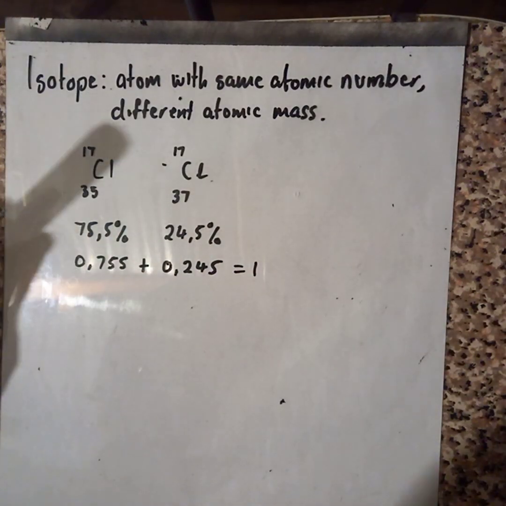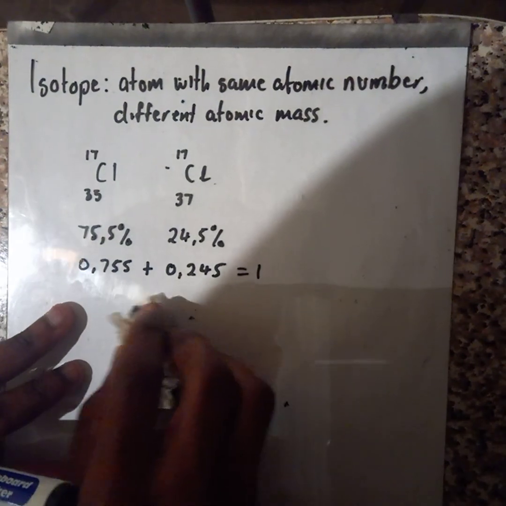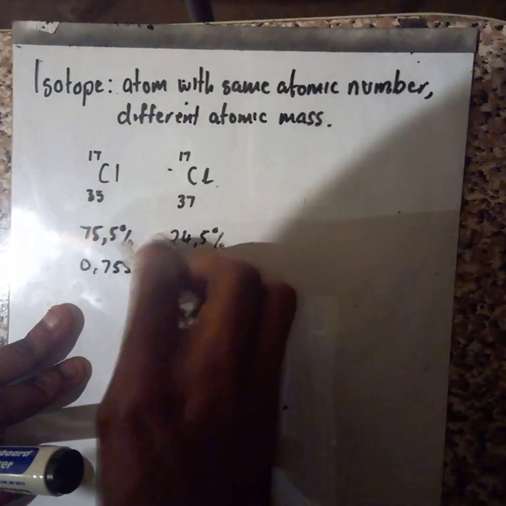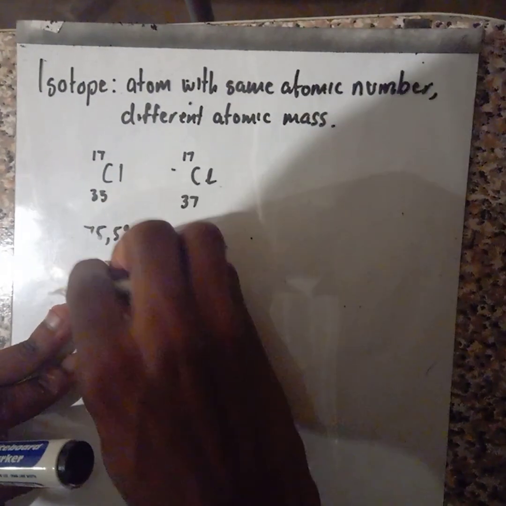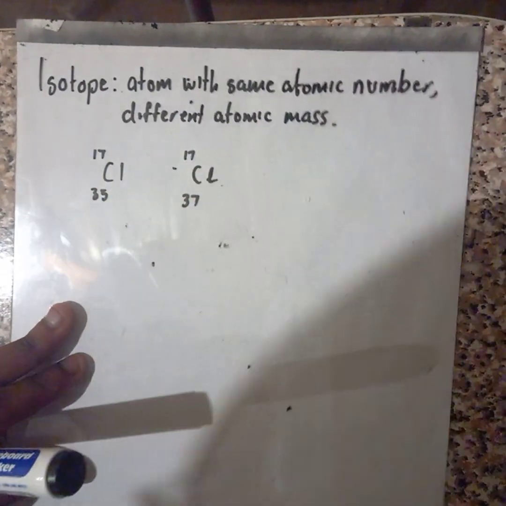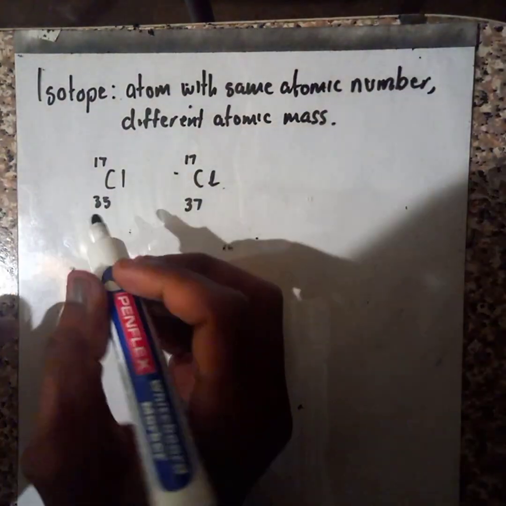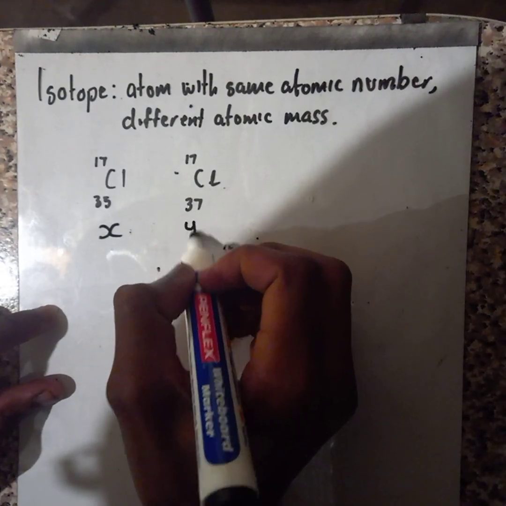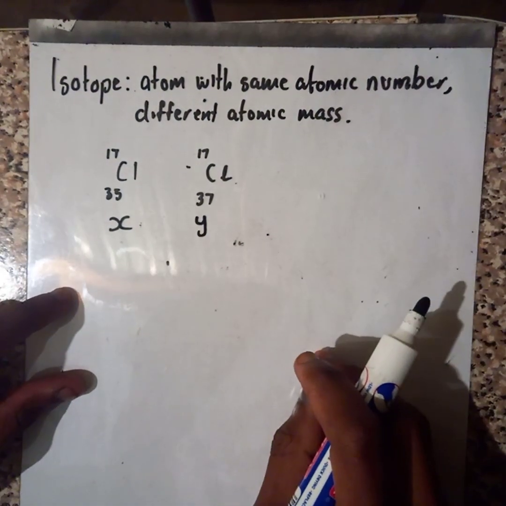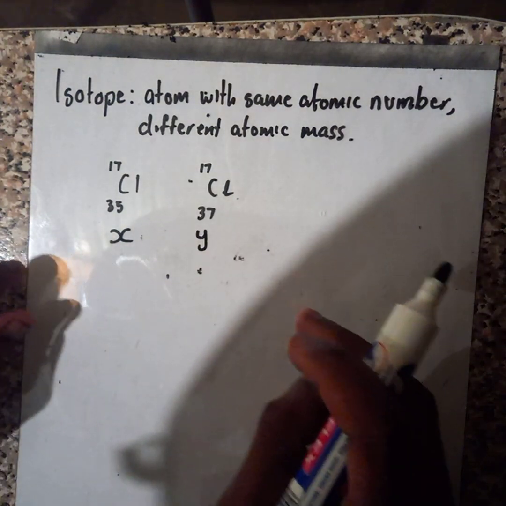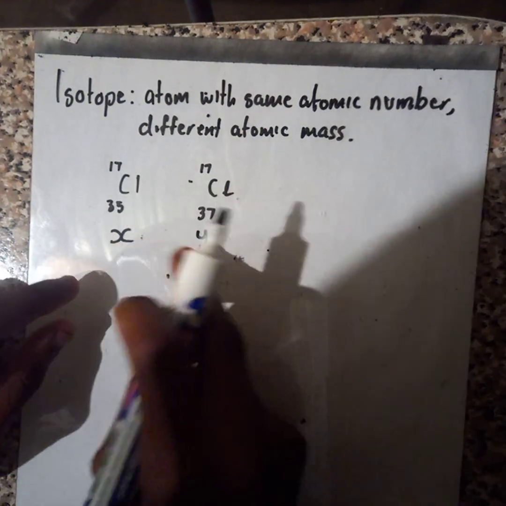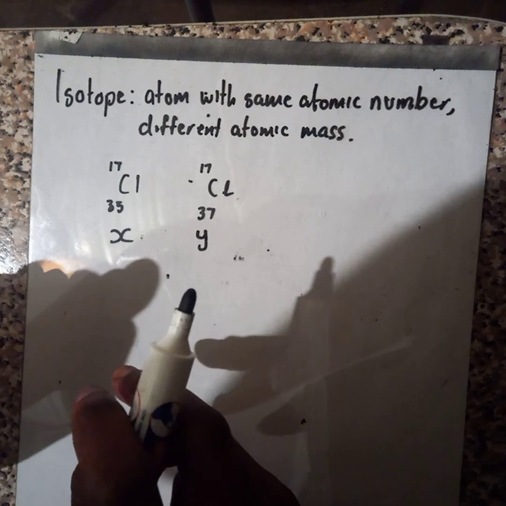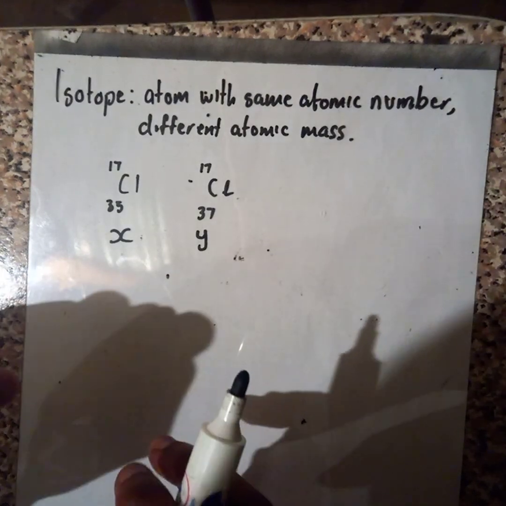Let's say now they don't give us the abundance of each. Let's say for this one it is x, for this one it is y. They want us to figure out the abundance of each. How are we going to do that?